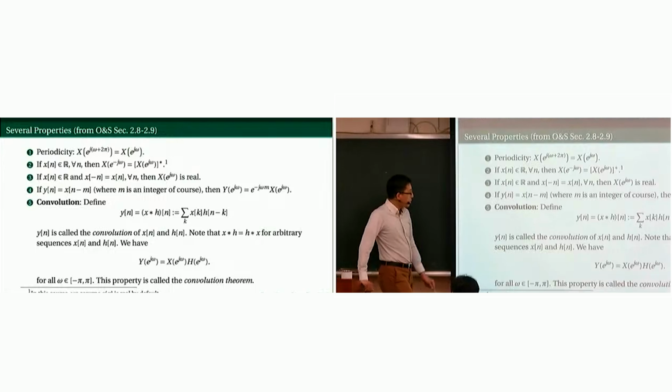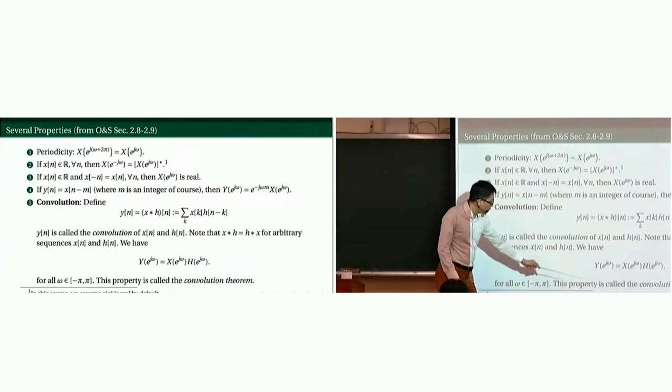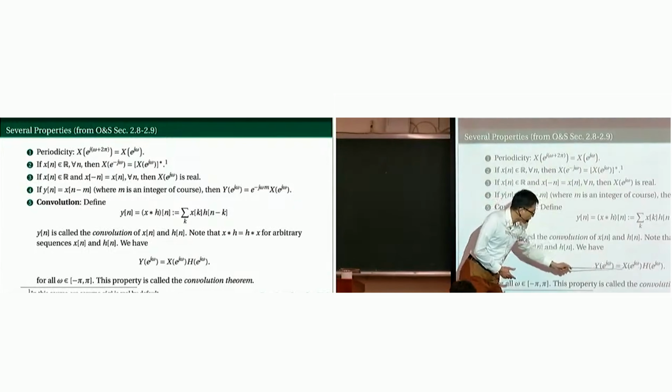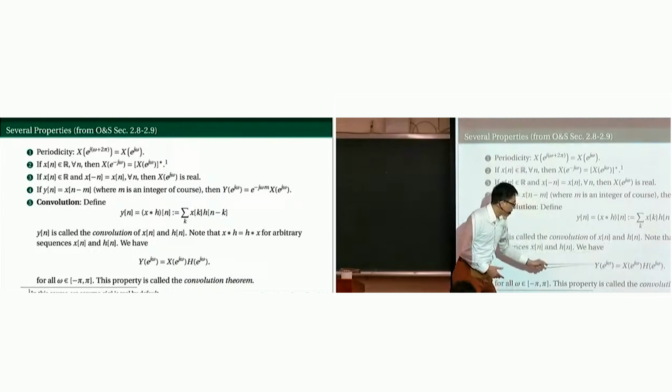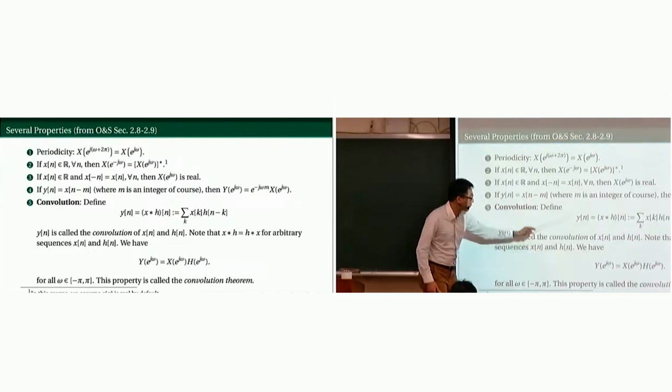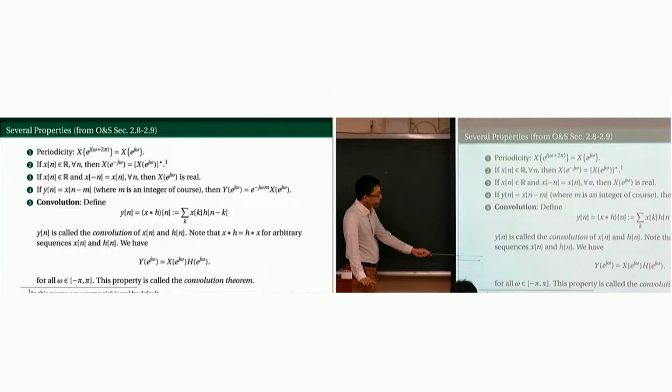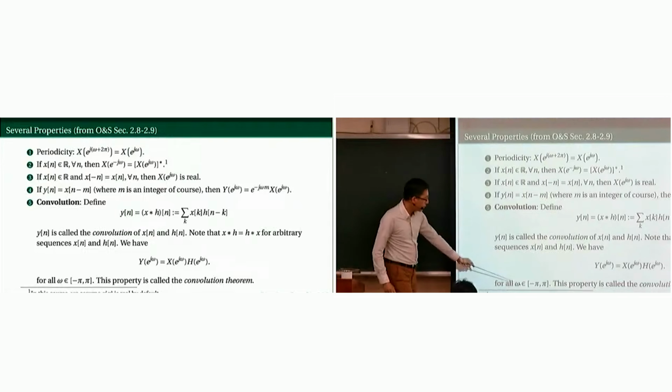We can show that in the frequency domain, we take the product of the two spectrums, and the result is the spectrum of the convolution. You take convolution in the time domain, and the consequence is that the two spectrums multiply in the frequency domain, for all omega. This property is called the convolution theorem.